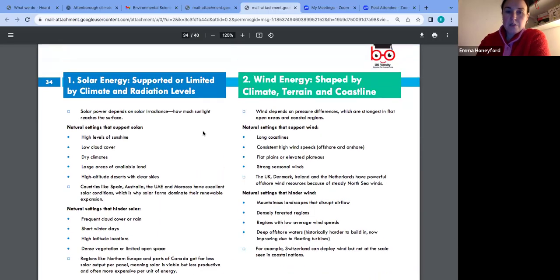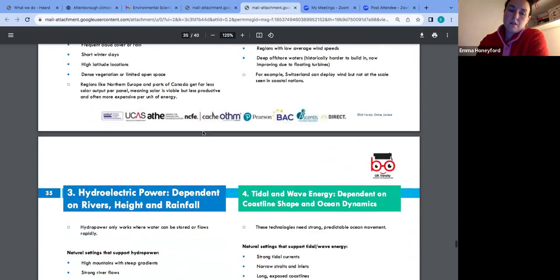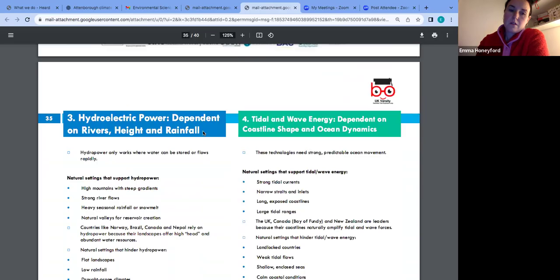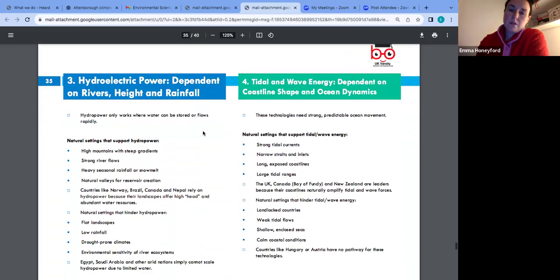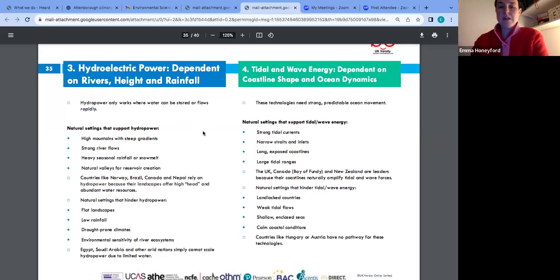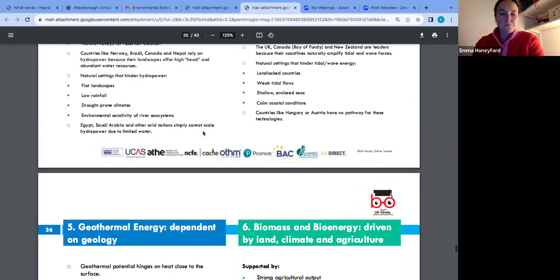So you've got solar energy supported or limited by climate and radiation levels. This outlines the perfect conditions where each renewable energy works well in different areas, and how the climate impacts it. How does it support, or how does it act as a barrier to that type of technology?